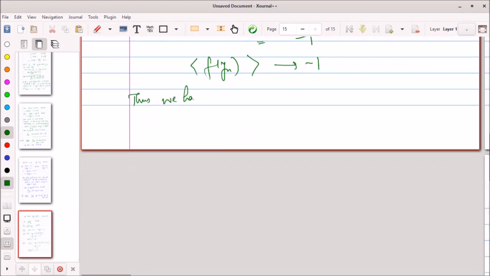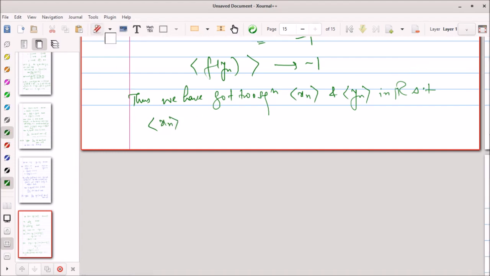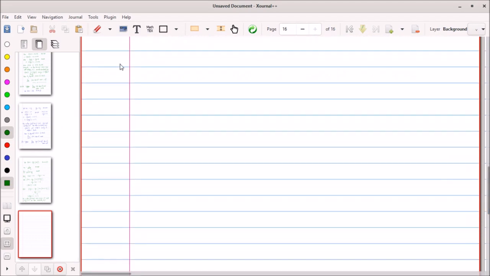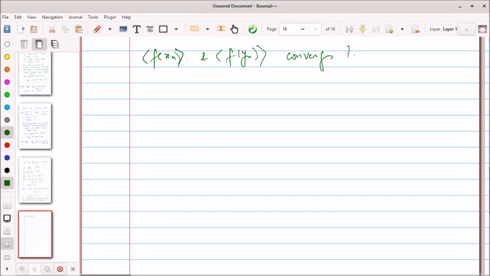Thus we have got two sequences xn and yn in R both converging to 0, but their corresponding sequences f of xn and f of yn converging to different limits.